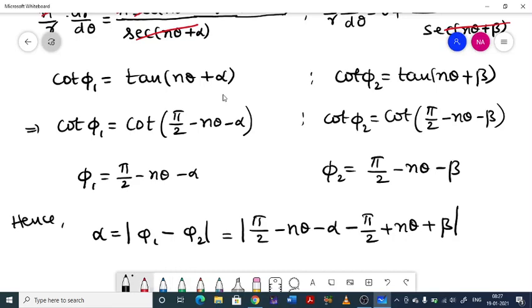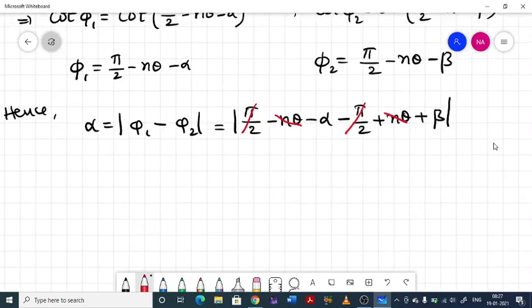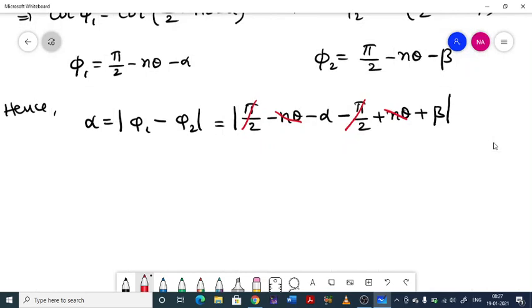Pi by 2 get cancel, n theta get cancel, so remain with modulus of alpha minus beta, or sorry, it will be modulus of beta minus alpha. You can stop here, either you can write this implies alpha equal to modulus of beta minus alpha.